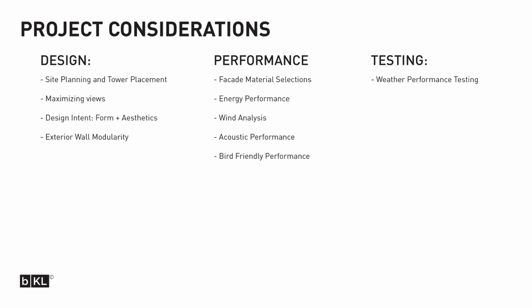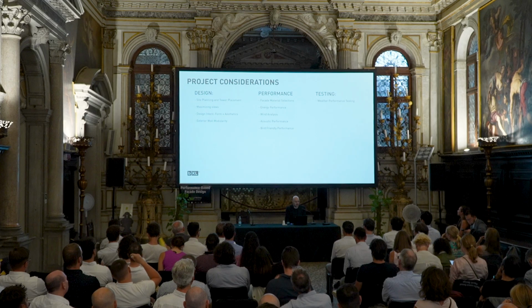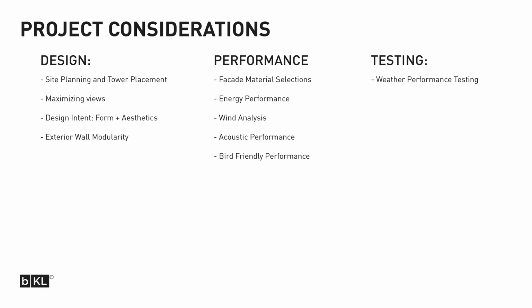So we'll go over in the next few slides the project considerations taken into account through the design process. We'll go over design, performance, and testing goals and requirements to be achieved for the project.